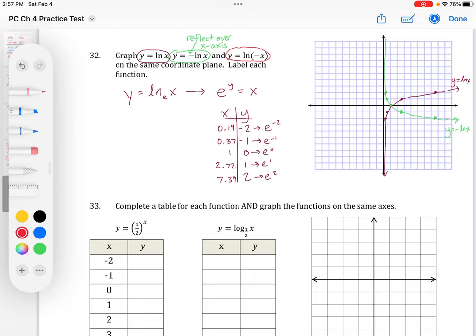And then our last graph is y equals ln of negative x, which is a reflection over the y-axis. So again, we'll go back to our original graph and we'll just reflect over the y-axis. We'll have these points that I'm graphing in red.